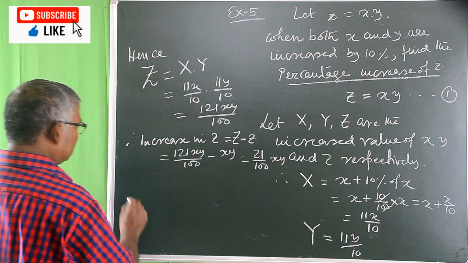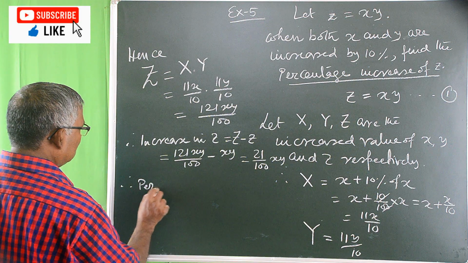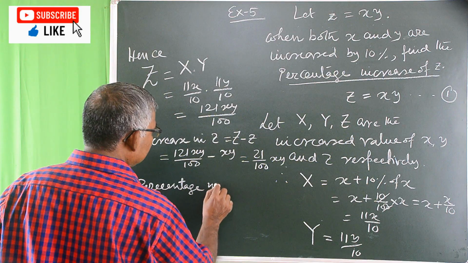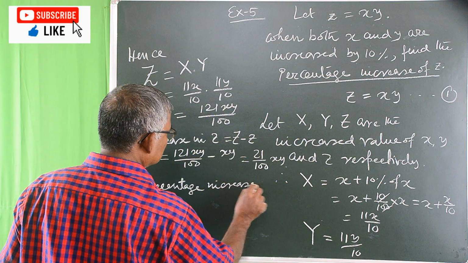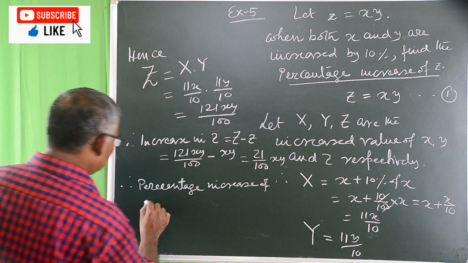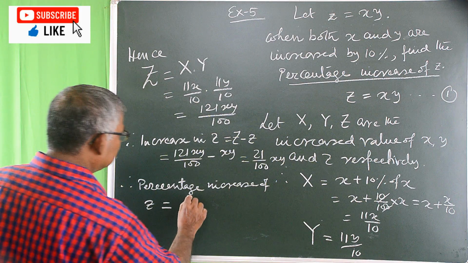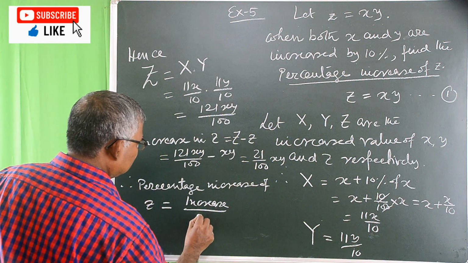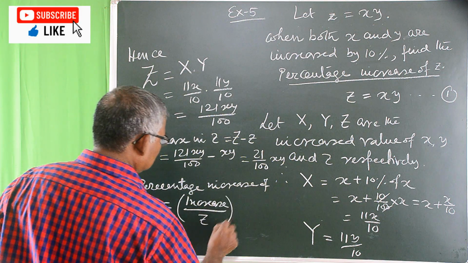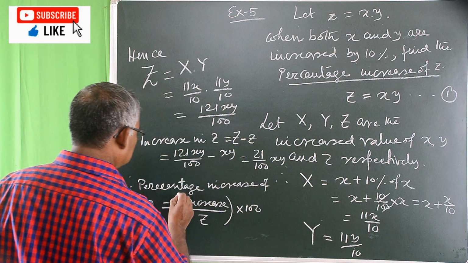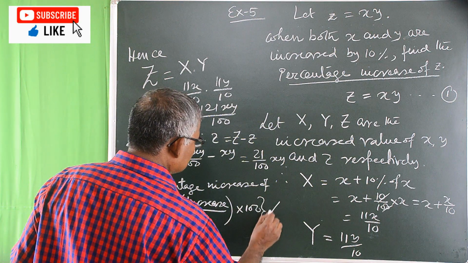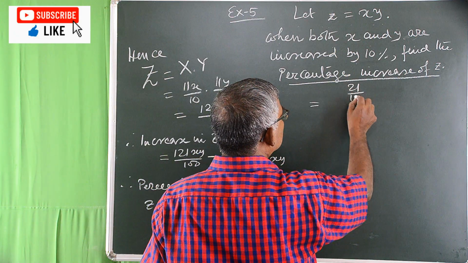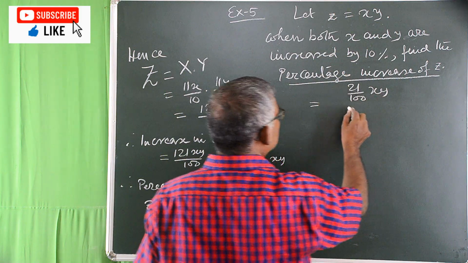Therefore, percentage increase of Z equal to increase by Z into 100% equals to 21 by 100 into xy by z.